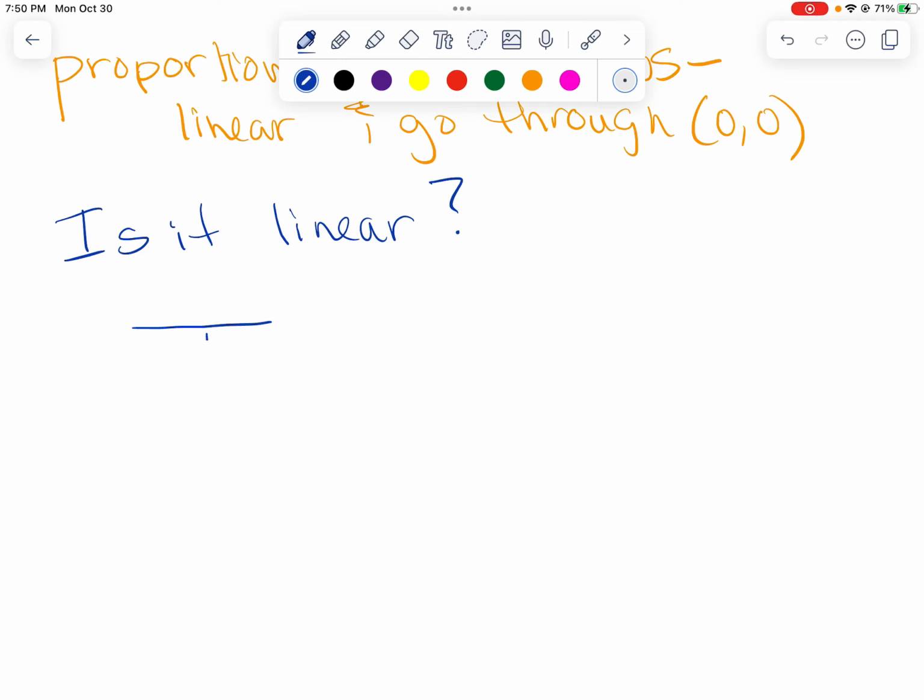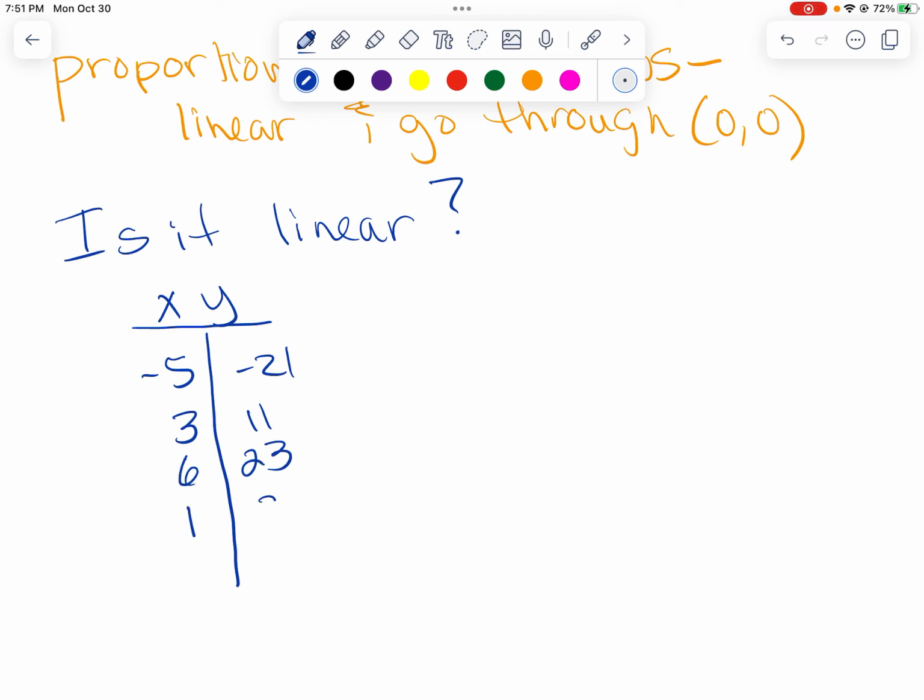So if I was to have this table right here, let's say I picked -5, -21. I want to pick 3, 11. I want to pick 6, 23. And I want to pick 1, 3. Now you may be saying, but they don't go in the right order. That's okay. They don't need to go in any type of order.